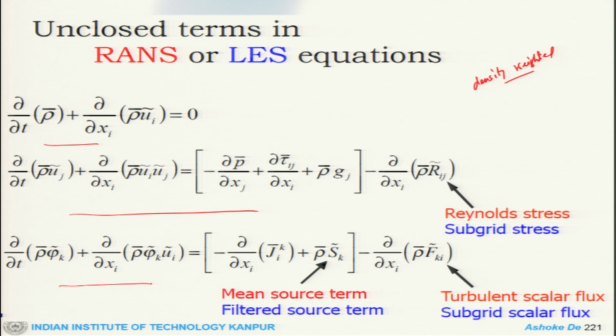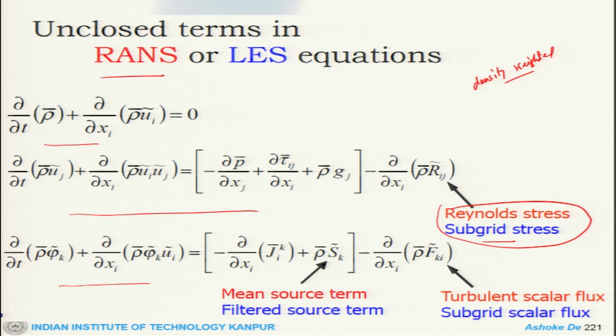So there would be terms like Reynolds stress or subgrid stress. The color corresponds to the RANS framework or LES framework, where this would be the subgrid stress. In the RANS framework there is a mean source term, while in LES it is a filtered source term. For the turbulent scalar flux, in RANS it is the turbulent scalar flux, and in LES a subgrid scalar flux.